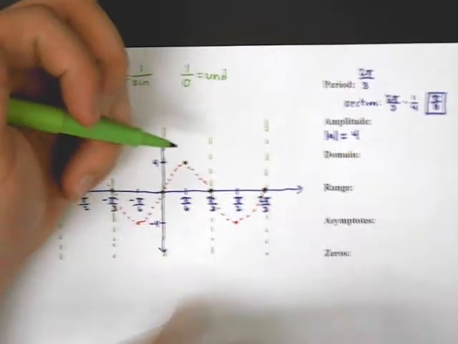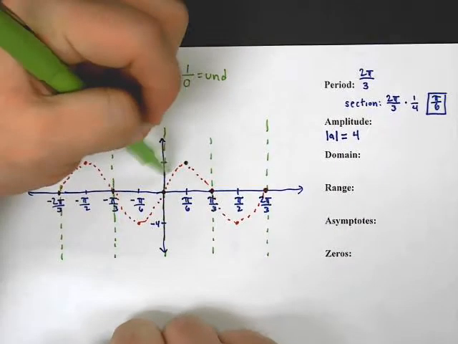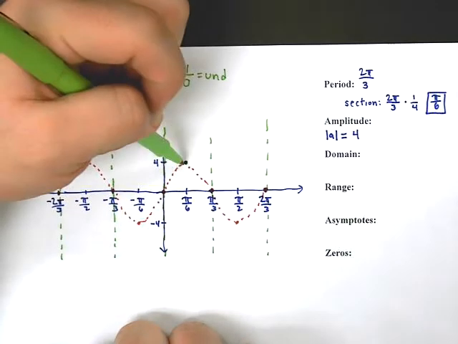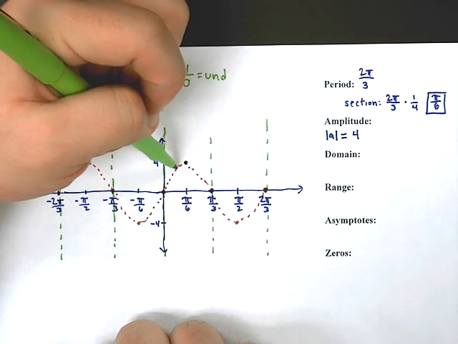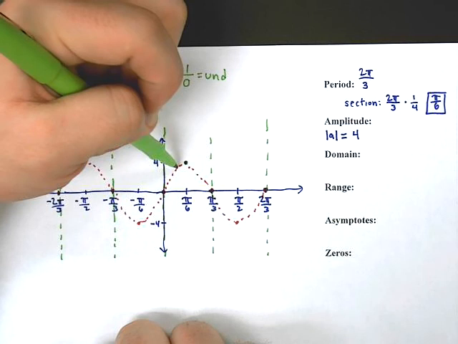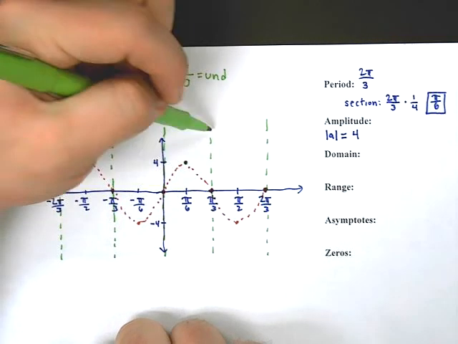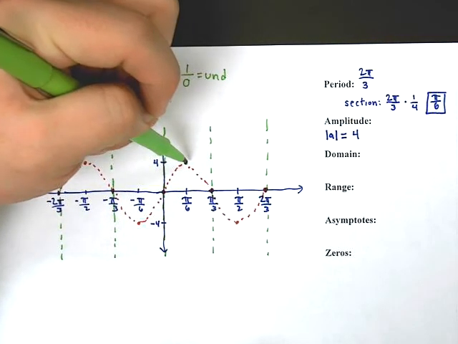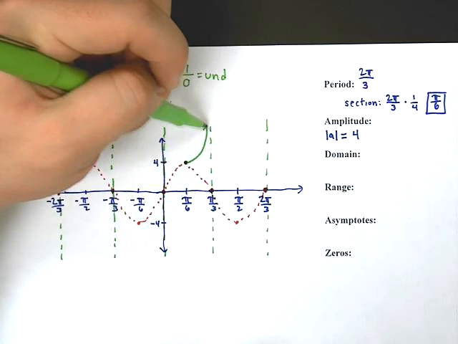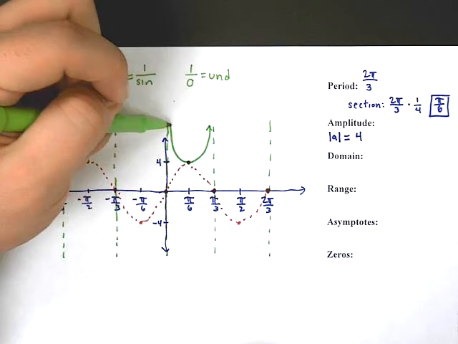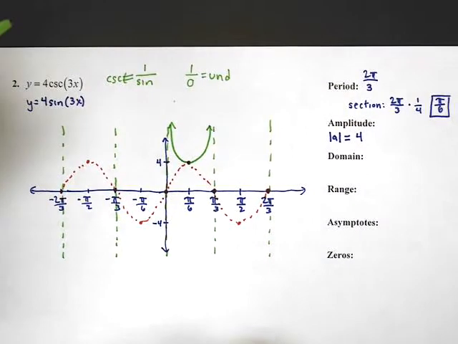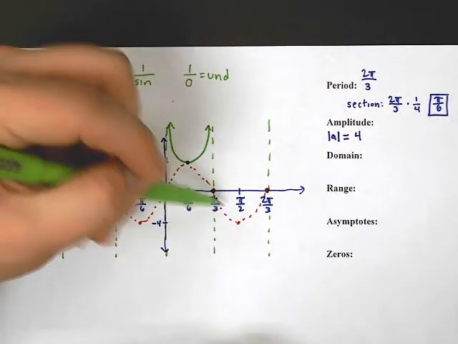What's going to end up happening, guys, on my sine curve, as I move a little to the left or to the right, that number gets a little less than 1. And when I do 1 divided by that, that actually makes it go up. So it's really nice. You're just going to end up drawing these mini parabolas in the sections based on where the sine curve is.